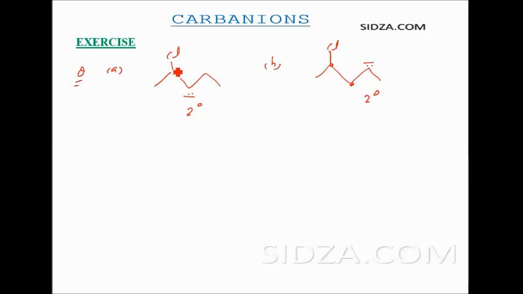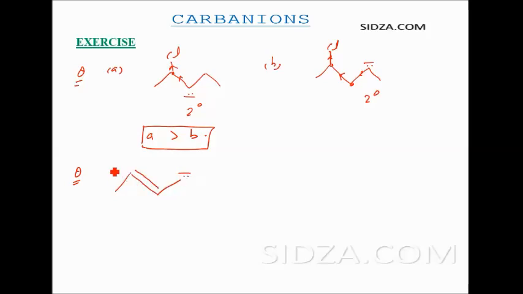So here it will withdraw electrons more, while on this one its effect will be very less. Electron withdrawing groups increase the stability, so that's why A will be more stable than B. If electron releasing groups are closer, they'll have a dominant effect, more effect. Okay, great.